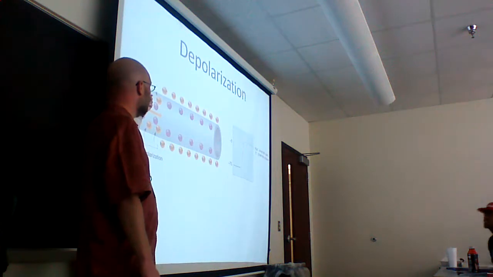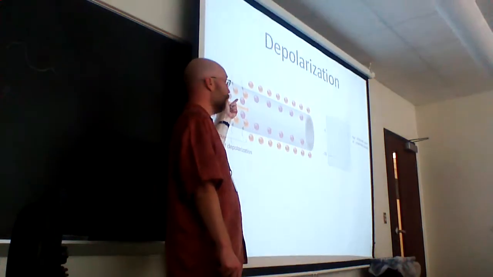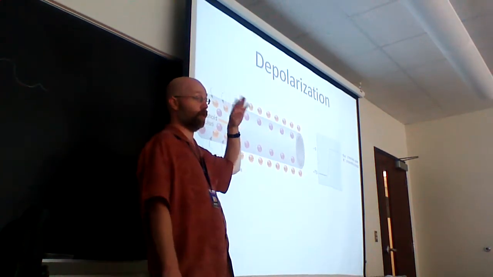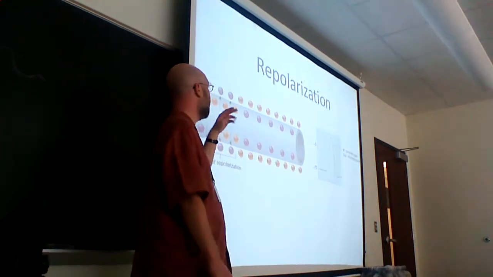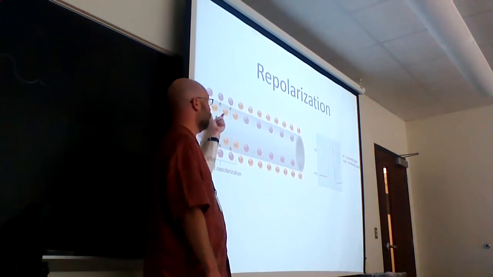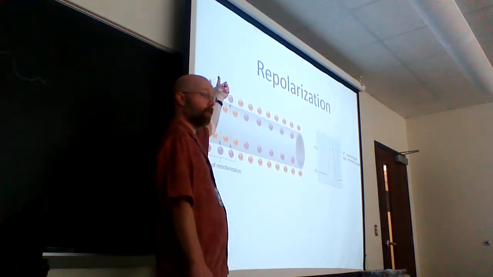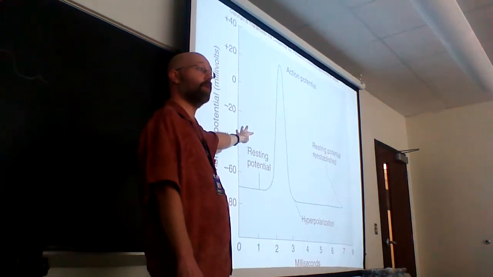That decreases the polarity, right? It depolarizes the membrane. It depolarizes the membrane eventually so much that the voltage-gated sodium channels close, the voltage-gated potassium channels open, right? That allows potassium out. That repolarizes the membrane, right? All right, any questions?